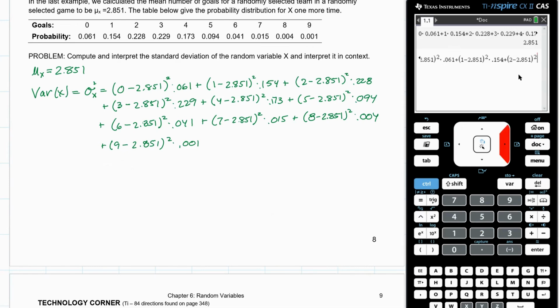Square that and multiply that by the probability of getting exactly 2 goals. In parentheses, 3 minus 2.851 to the second power, and then multiply the probability of 3 goals. One more time, but this time for 4. And we'll square that and multiply by it.